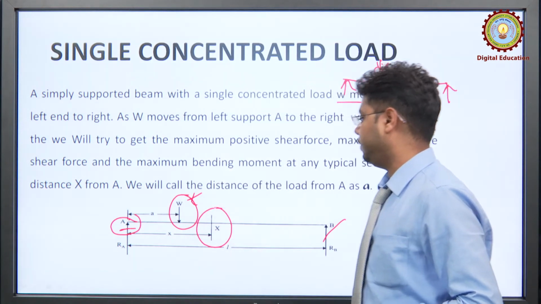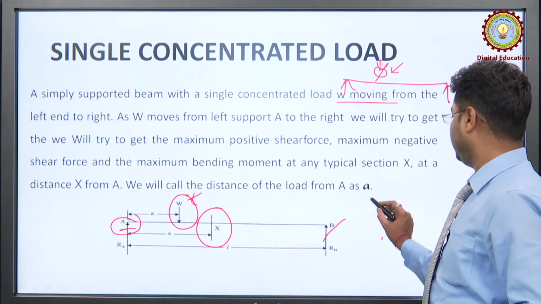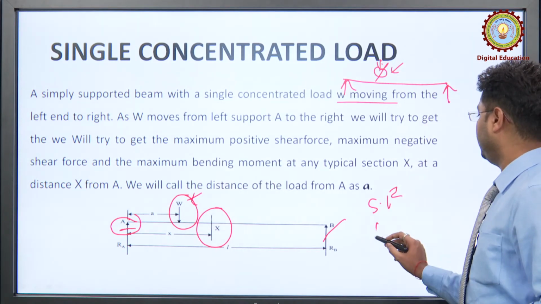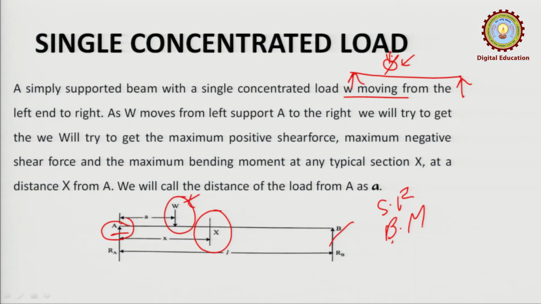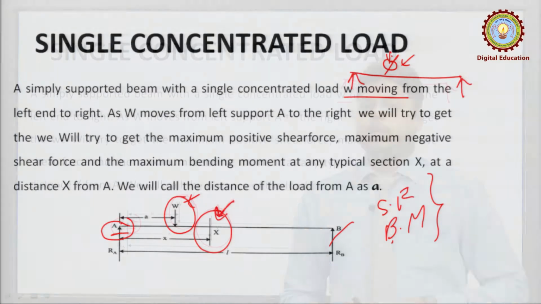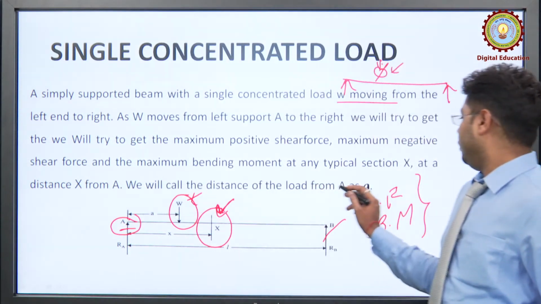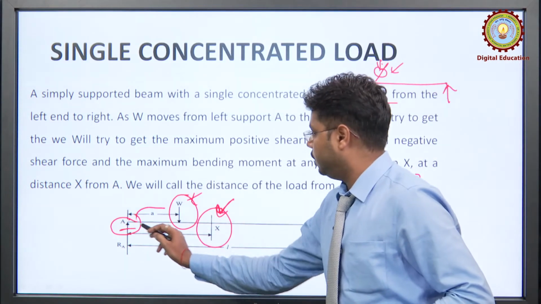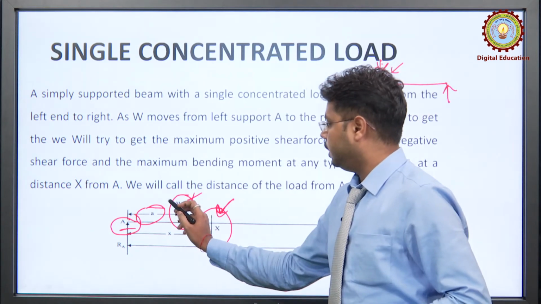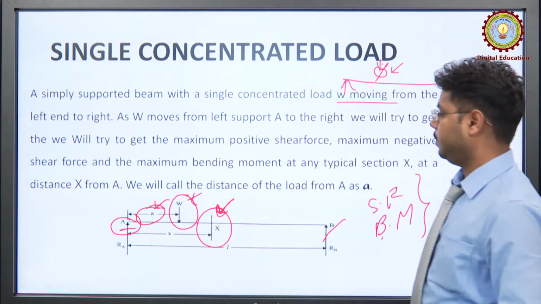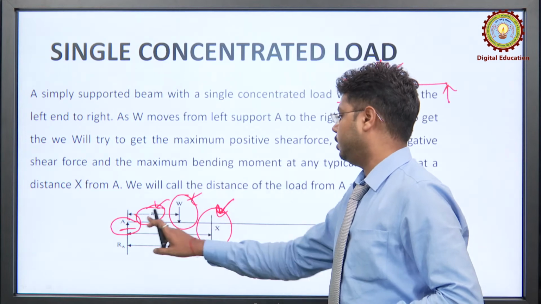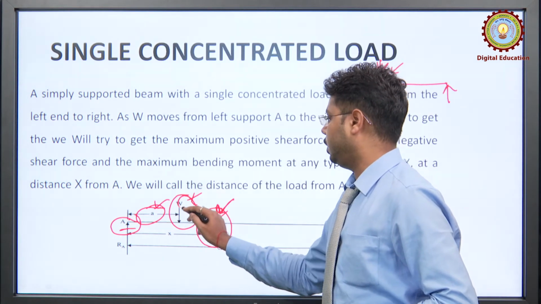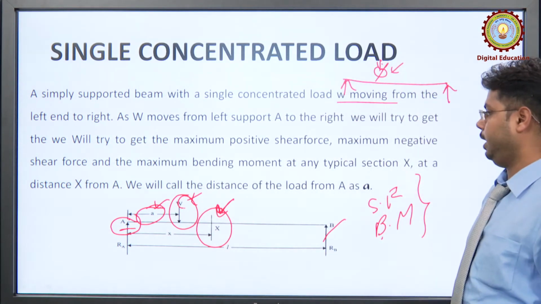This is the section where we are going to draw the shear force diagram, bending moment diagram and find other reaction forces. In that section we call the distance of the load from A as a, and this value of a is given, with the load W working on the beam.